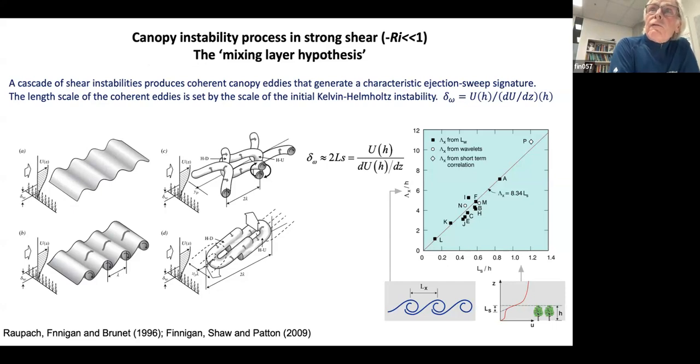A boundary layer profile only generates turbulence if you add some viscosity, so that the inertial and the pressure terms get out of phase. But if you have an inflection point like this, it will spontaneously become turbulent or generate an instability even without viscosity. So this extra process added to the normal turbulent process might offer the clue as to why these large coherent eddies might develop at the top of a plant canopy, the ones we were observing.